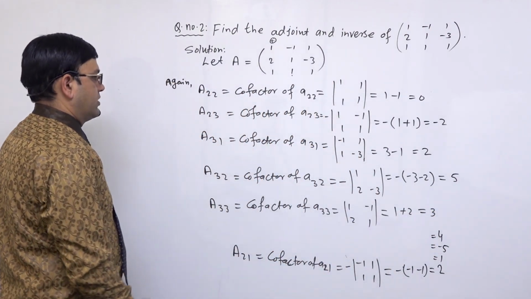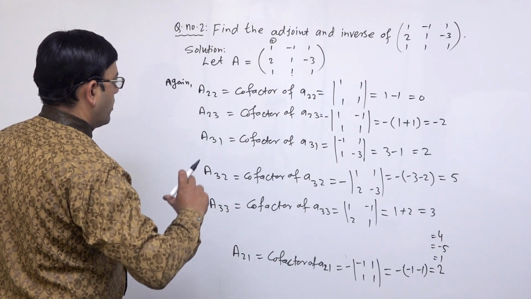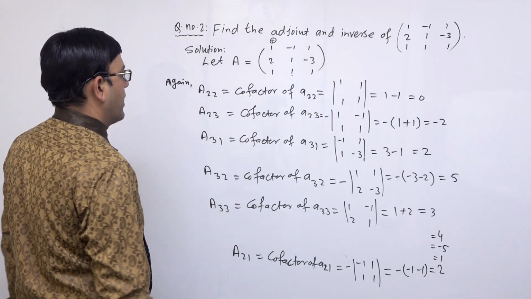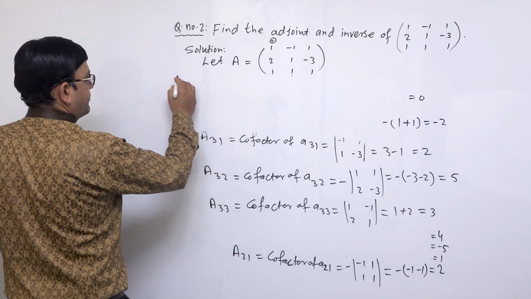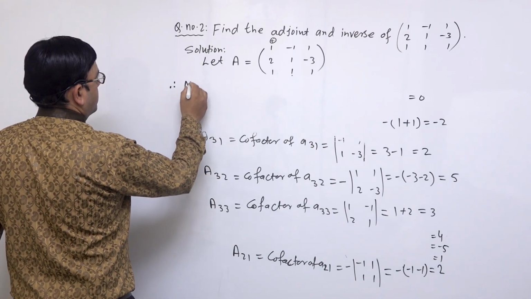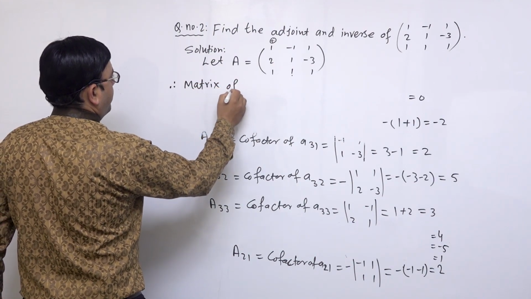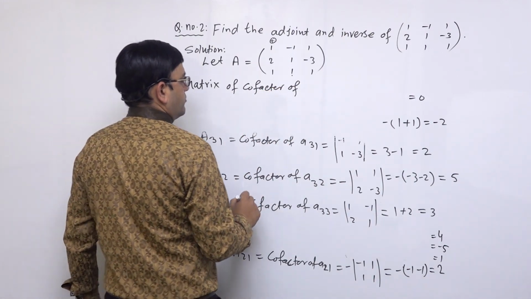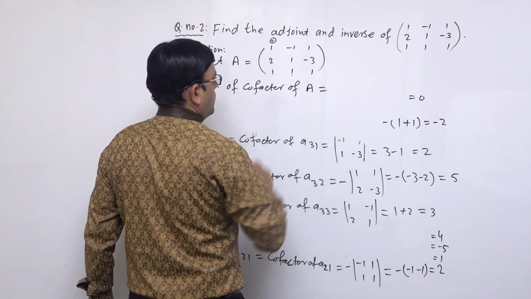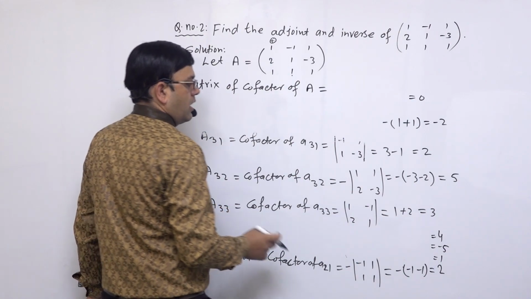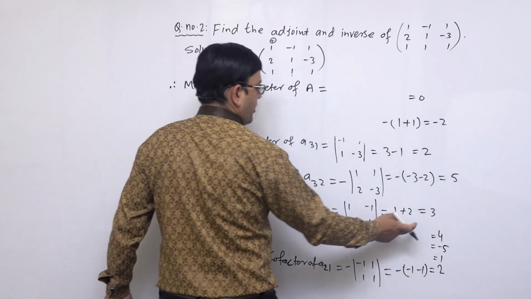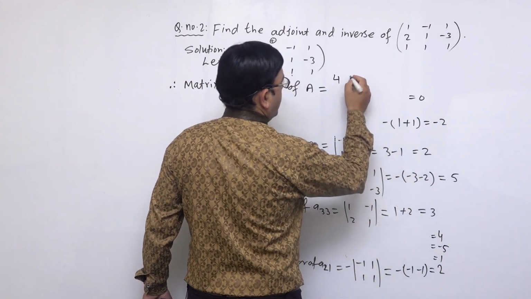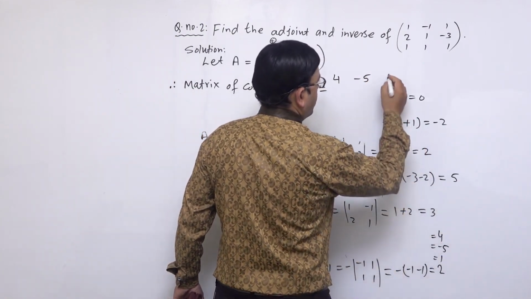Now we found all the cofactors. Now we have to collect it all and centralize this: the matrix of cofactor of A. Matrix of cofactor of A is equal to: first, the cofactor of A11 is 4, next is minus 5, and the next one is 1.